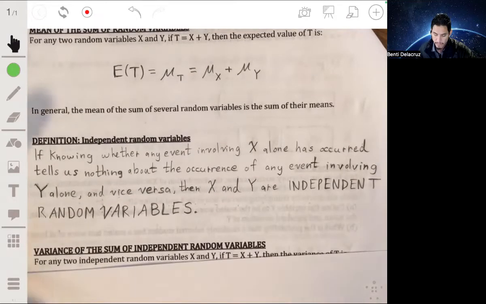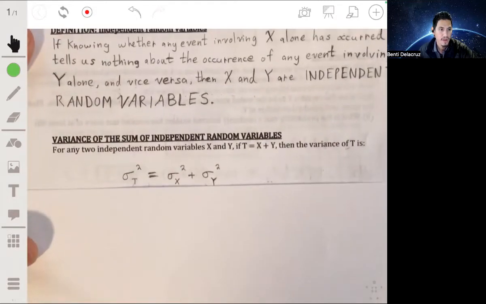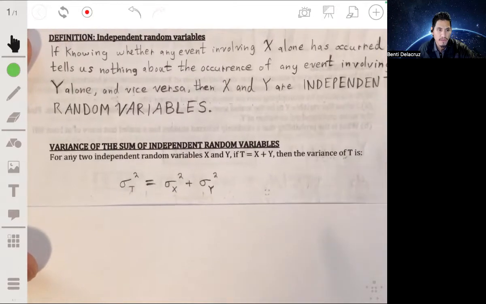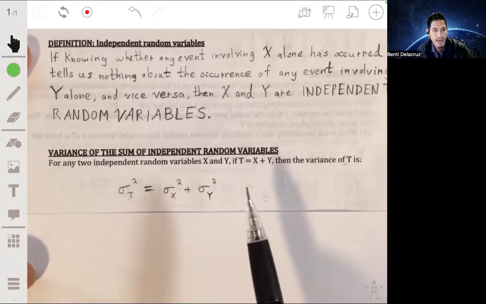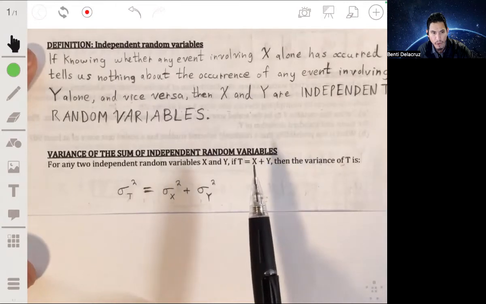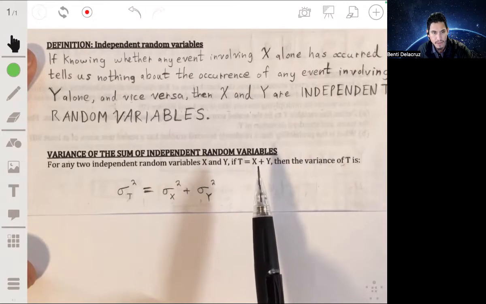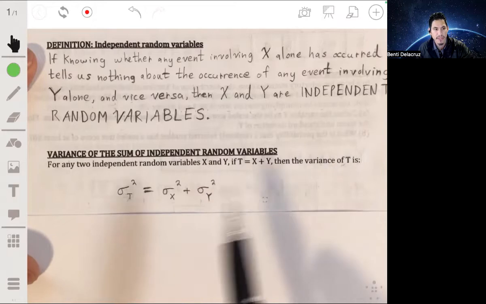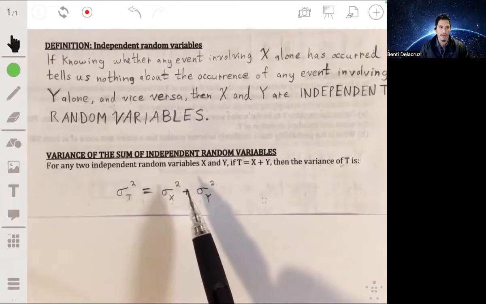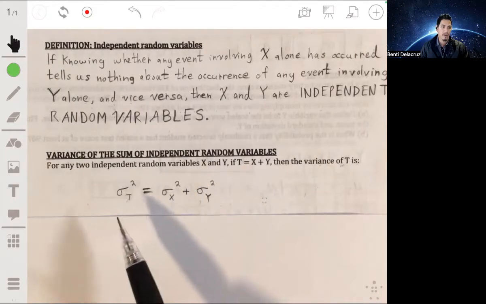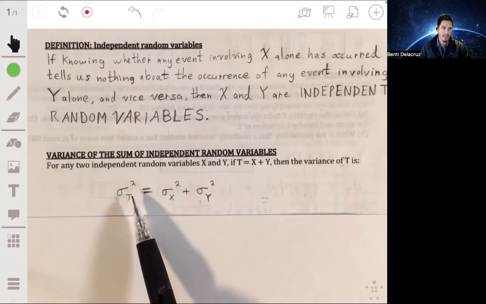Now, variance. If t is their sum, if t is equal to x plus y, then the variance of t will be the sum of the variances of x and y. Remember, the variance is the standard deviation squared.